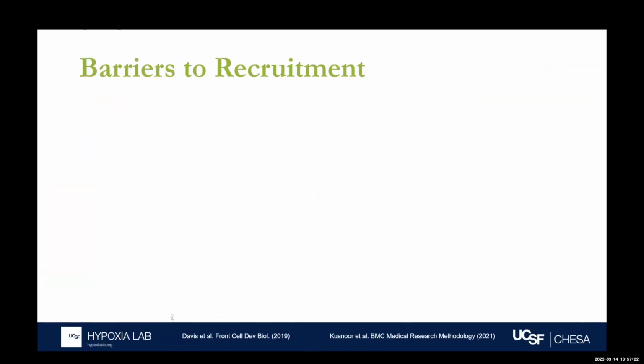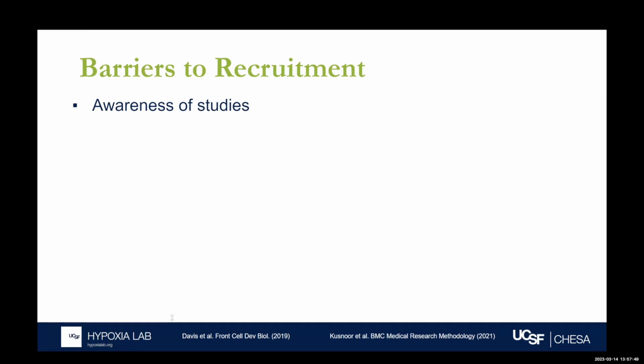So let's talk about barriers to recruitment in studies, and particularly barriers to recruitment in studies of healthy participants. We should acknowledge first that working with underrepresented communities requires us to think critically about the complex social and historical barriers to enrollment, and to make attempts to disrupt these barriers where we can.